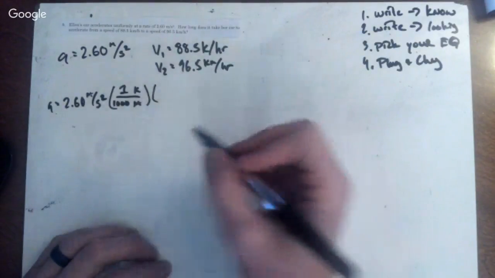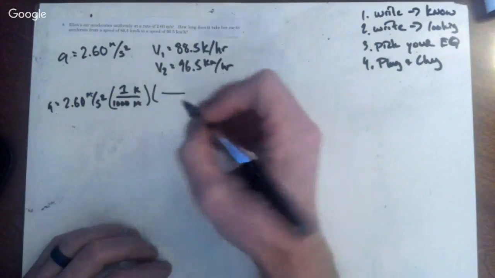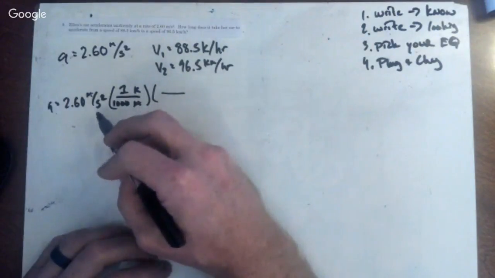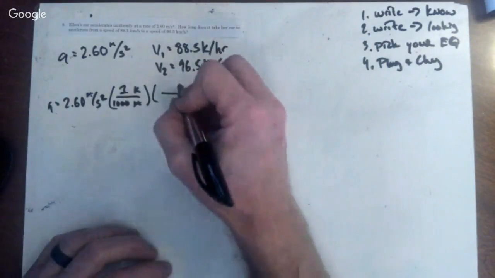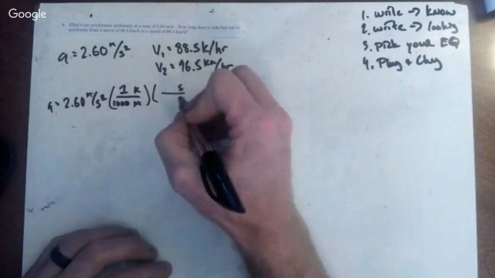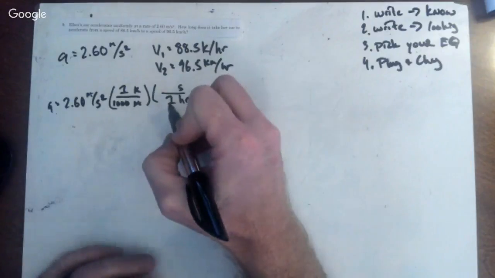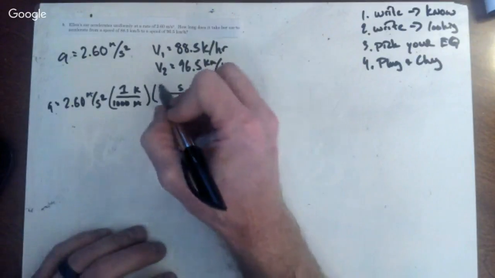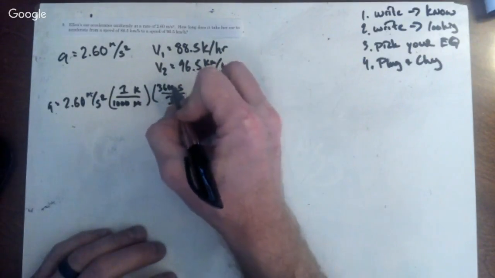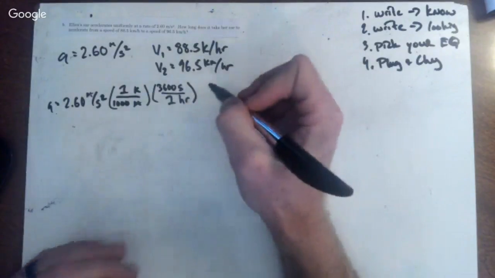Next, I got to get rid of these seconds and replace them with hours. Now, the second is in the denominator down here, so I need it to be in the numerator over here. And I'm going to replace it with hours. And because hour is bigger, I write 1 hour, and for every 1 hour, there are 3,600 seconds.